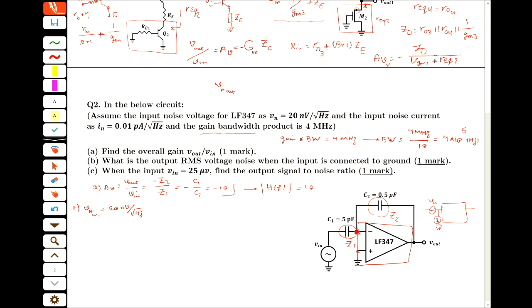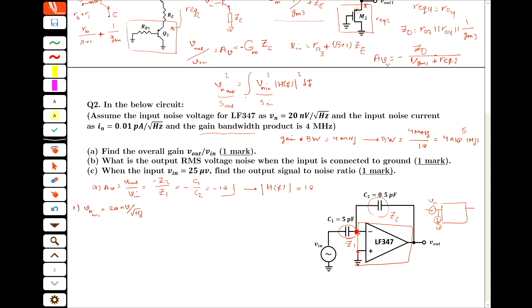This is true. But totally, Vn out squared equals the integral of Vn in squared times H(f) squared df. This is your S out, this is your S in, and this is the formula that you have.